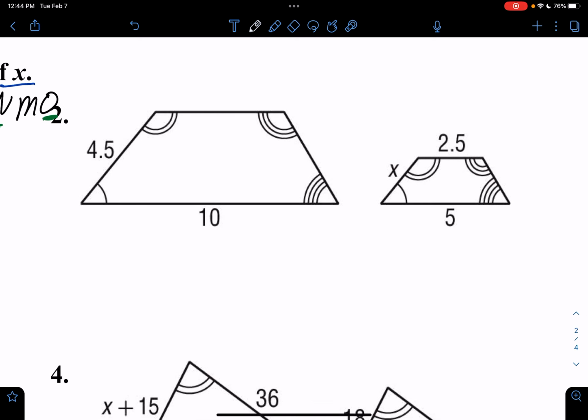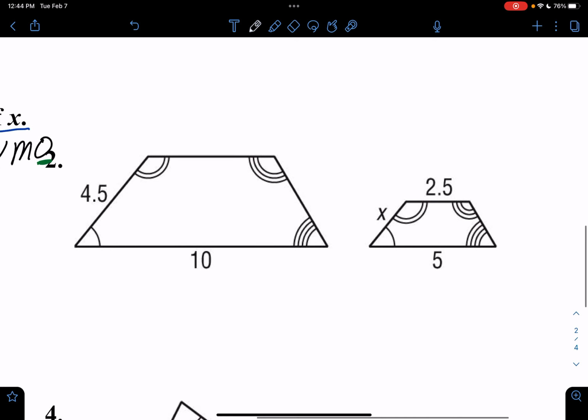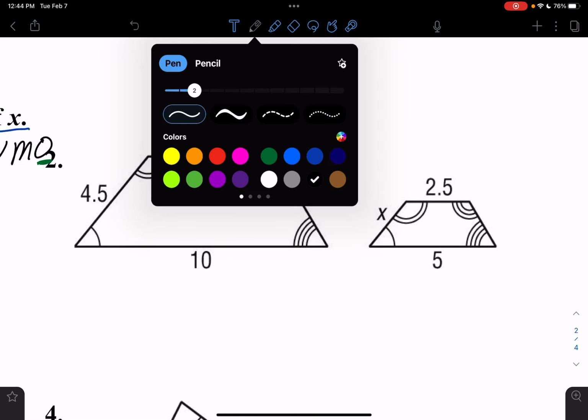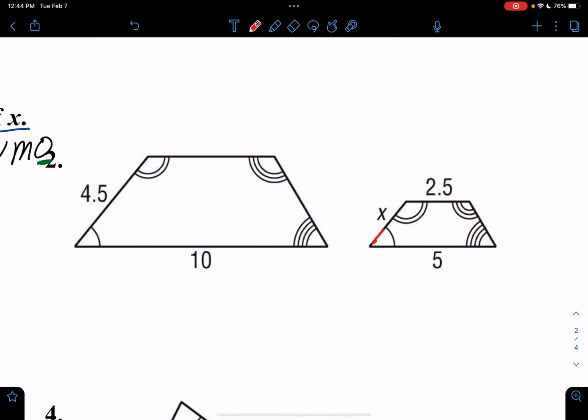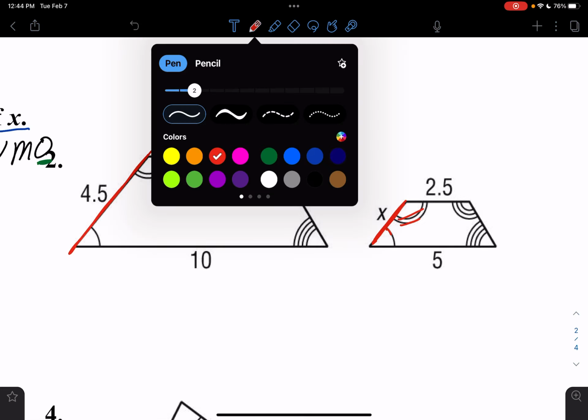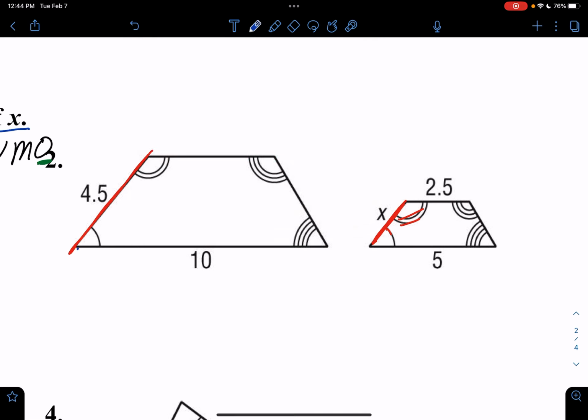Basically the same situation. So you're going to compare, and if you want to start writing your proportions, you can say, here it is, X, that's the one that I want to find. X is in between 1 marking and 2 markings. So what is in between 1 marking and 2 markings? Here it is, right there. Now, what else do I have? I have a 10. That is the only other thing that I have. So where is the 10?